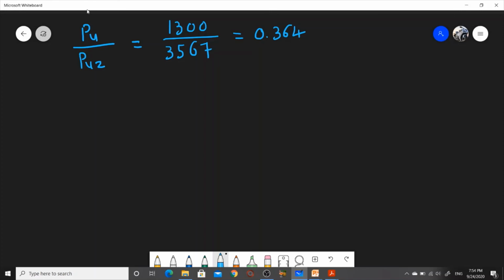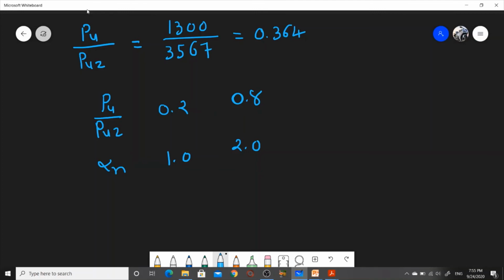Now we have one chart here, with PU by PUZ value and alpha n value. If PU by PUZ value is 0.2, alpha n is 1.0, and if PU by PUZ value is 0.8, alpha n is 2.0.